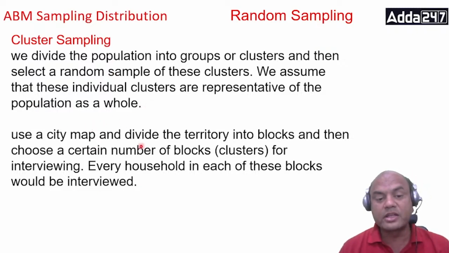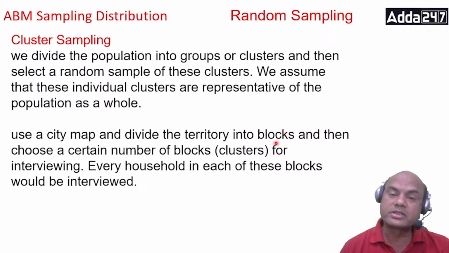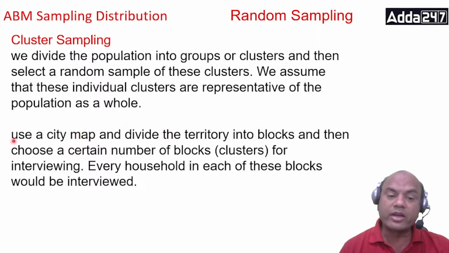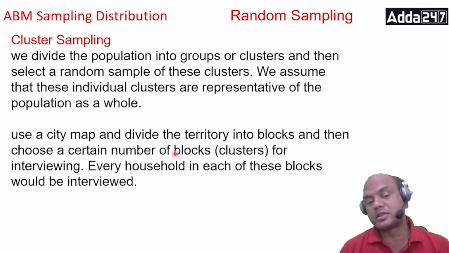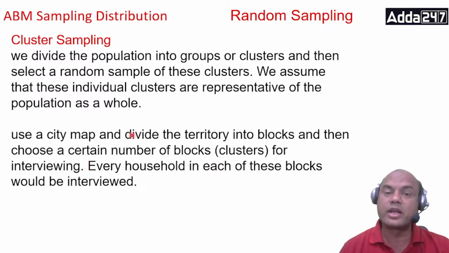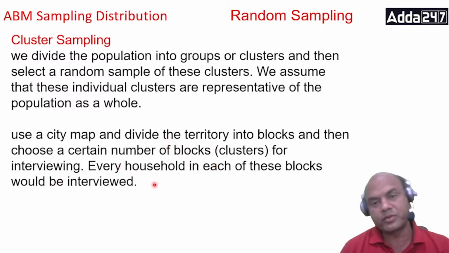We take a city map and divide the territory into blocks. Instead of a city, I can take the complete India map and divide it into various states. So again we are coming to geographical distribution, and then choose a certain number of blocks for interviewing. Out of this, I'll choose which state or area I should interview. Every household in each of these blocks would be interviewed.